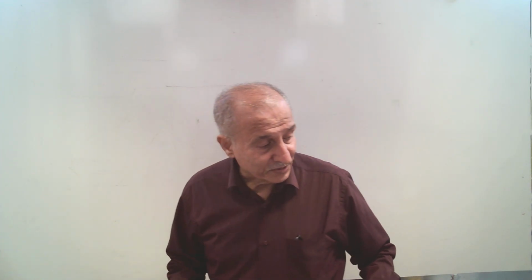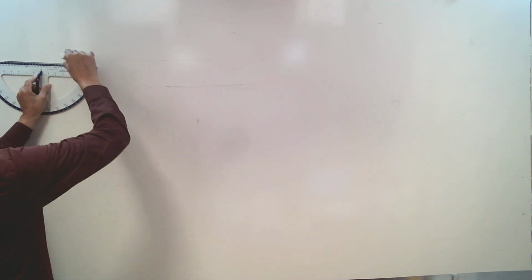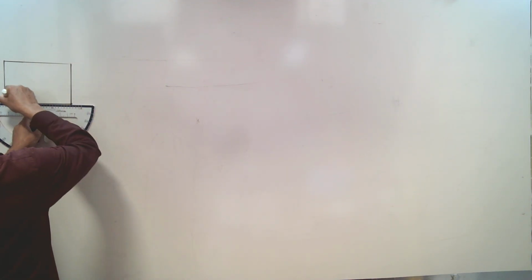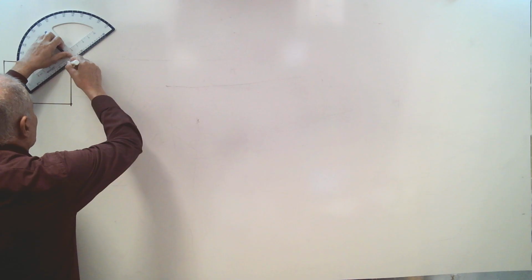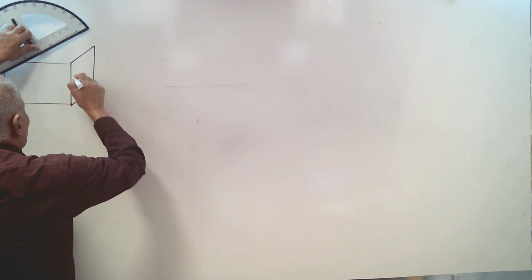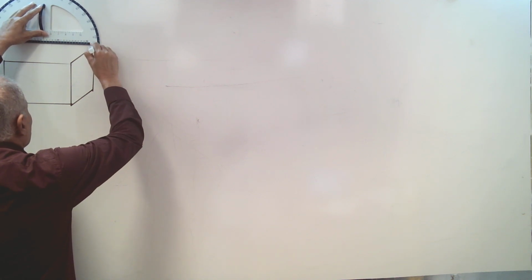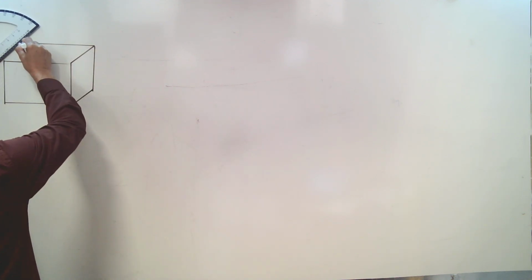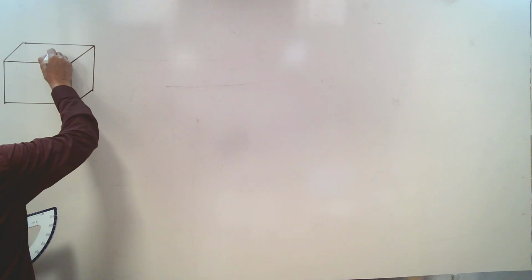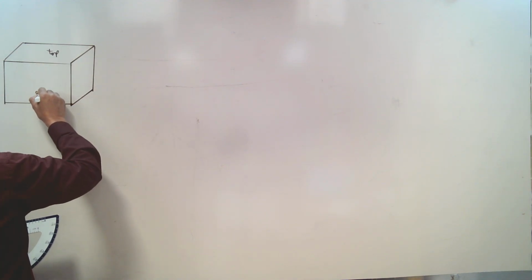If I draw a three-dimensional object, here we have a top and bottom surface. This is the top surface, and this is the bottom surface.